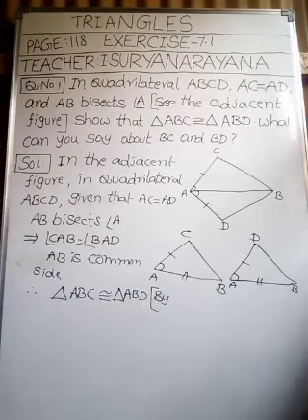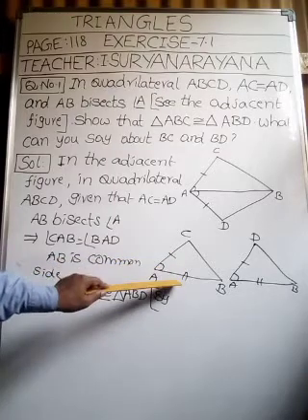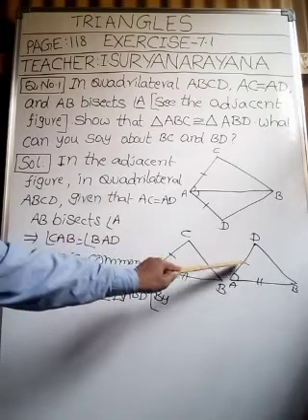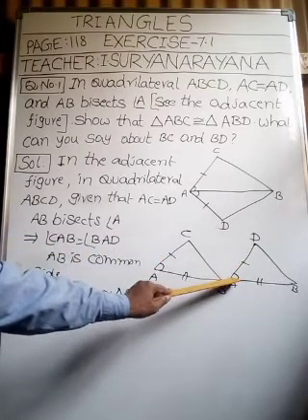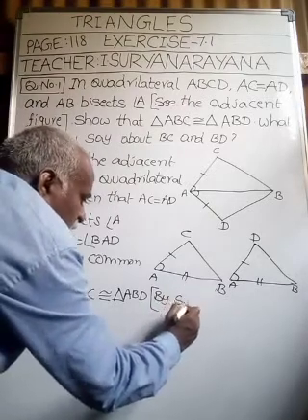Which congruence rule is used here? Two sides and the included angle in this triangle are equal to the corresponding two sides and included angle in the other triangle. So by SAS.